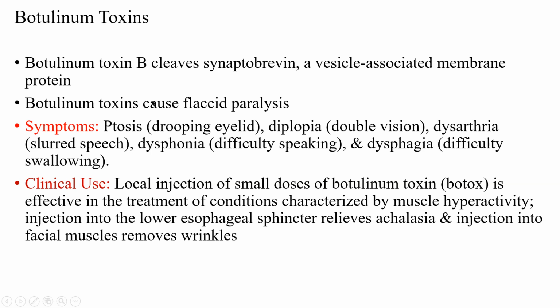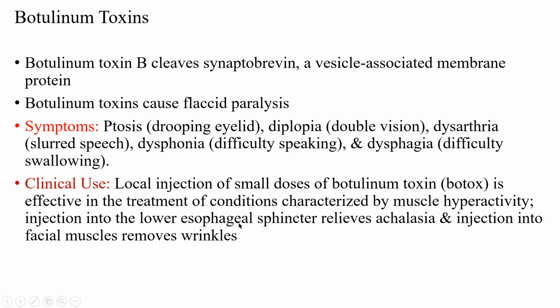So these botulism diseases are poisonings, right? But it is also used clinically, like snake venoms are also used. Local injection of a small dosage of botulinum, Botox injection, is given for the treatment of muscle hyperactivity, right?